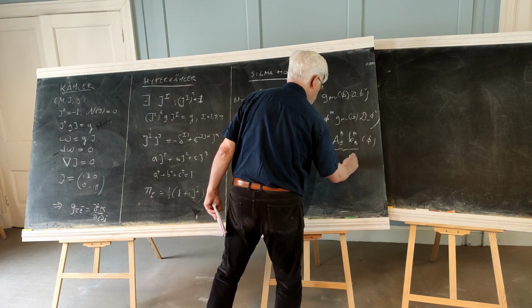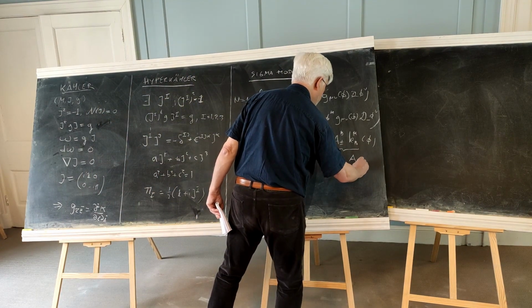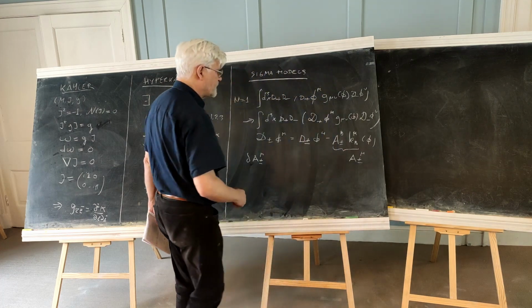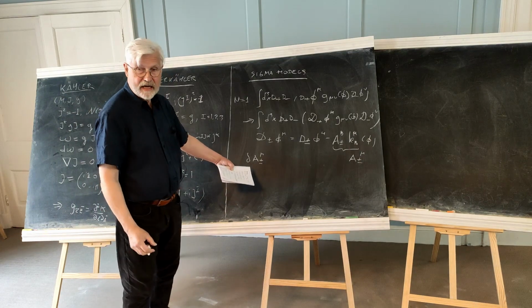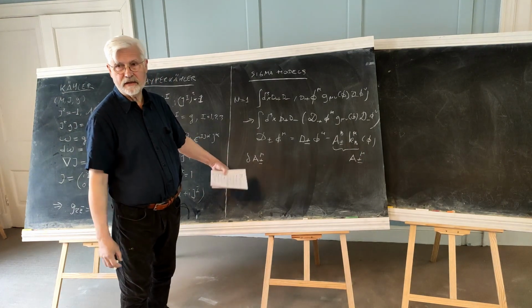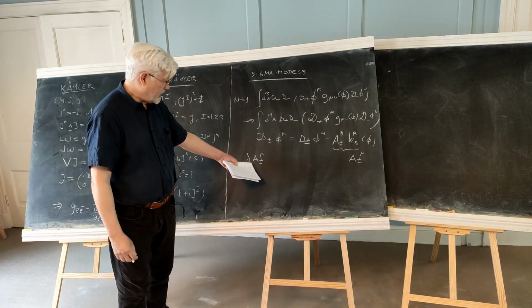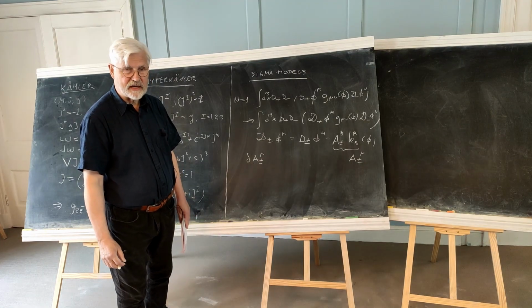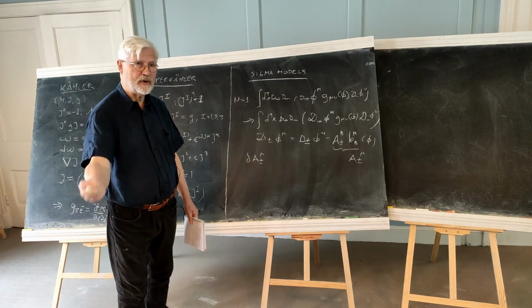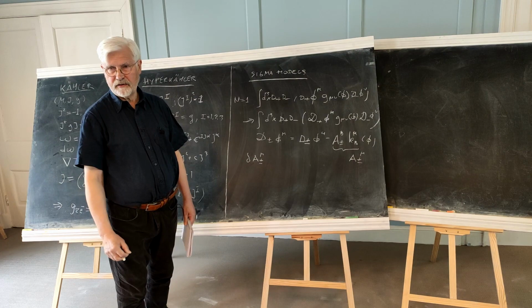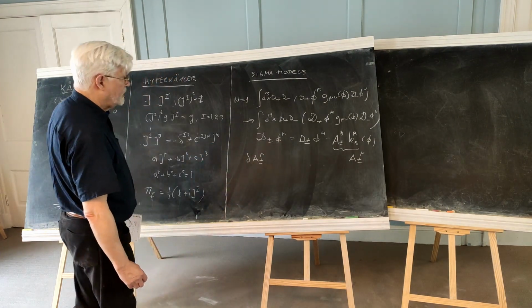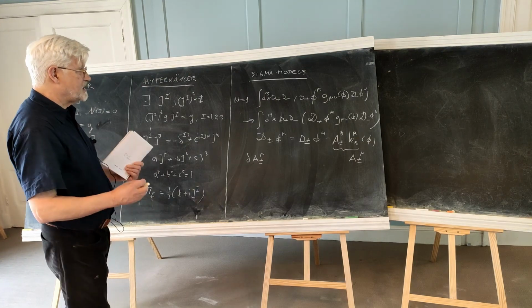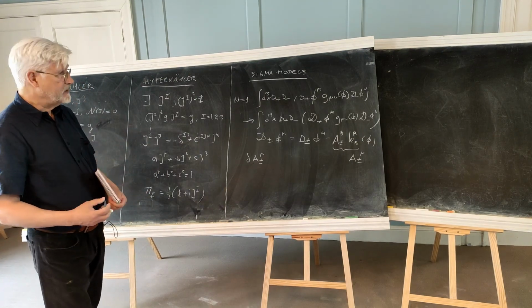What you do is you extremize this action with respect to A and find one particular connection A, which extremizes this action, and then you plug that one back into the action, and you have something which is still gauge invariant.